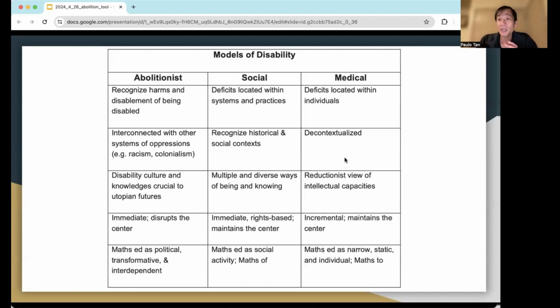And again, in this presentation and in the math unit planning tool, I'm really trying to approach this abolitionist model of disability, which is intersectional, which is about immediacy, which is about imagination, and really takes seriously Liat Ben-Moshe's idea of disepistemologies, the ways that disabilities provide a rich set of knowledges that are important in all spaces, and one space that we haven't thought much about disability knowledges is mathematics education spaces.